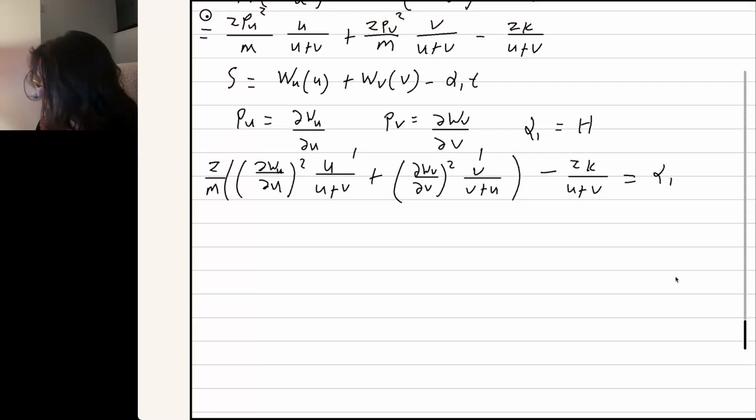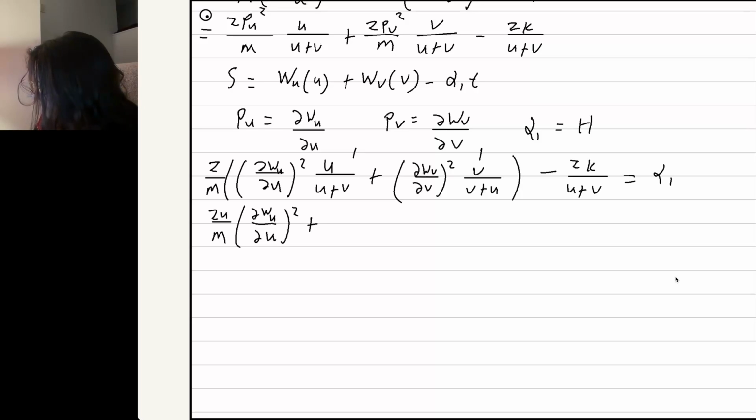We can just go ahead and put all of those u plus v's on the other side of the equation now, so that we'll have 2u over m (del W_u over del u) squared plus (del W_v over del v) squared times 2v over m minus 2k is equal to u alpha 1 plus v alpha 1.